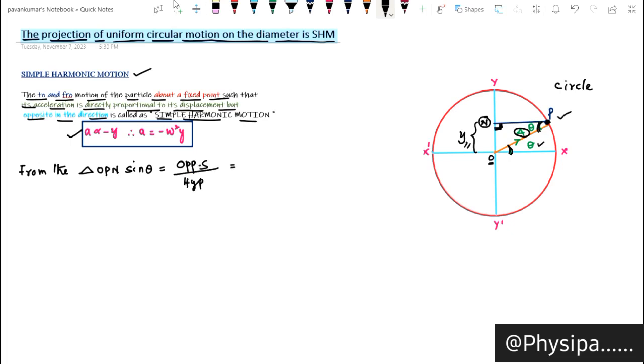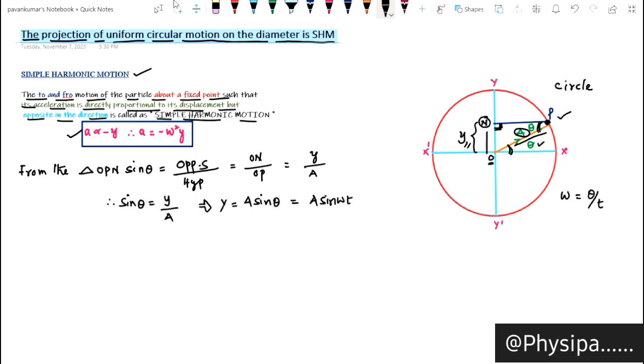From the figure, the opposite side ON divided by the hypotenuse OP, where ON is y and OP is A. Therefore, sin theta is equal to y by A. That implies y is equal to A sin theta, which is equal to A sin omega t. What is omega here? Omega is the angular velocity, which is equal to angular displacement by time. Therefore, angular displacement is equal to omega t. Now we have derived the displacement of the rotating particle.